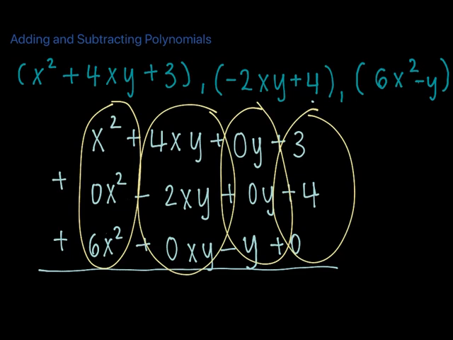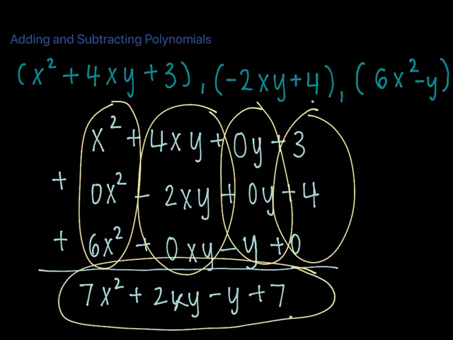So x squared plus 0x squared plus 6x squared is 7x squared, and 4xy minus 2xy plus 0xy would be 2xy, and 0y plus 0y minus y is just negative y, and 3 plus 4 is 7.